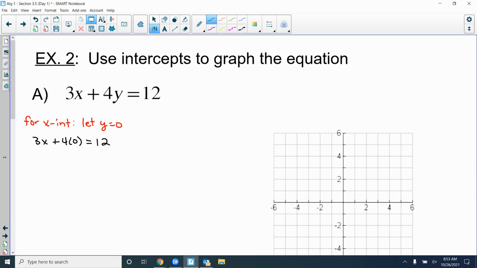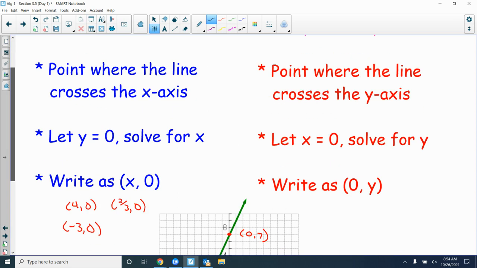Well, what's 4 times 0 equal? 0. It's gone. What am I really left with then? 3x equals 12. Solve for x. What do I do to solve for x? Divide by 3. This is where that last step really comes into play. It says write as what?